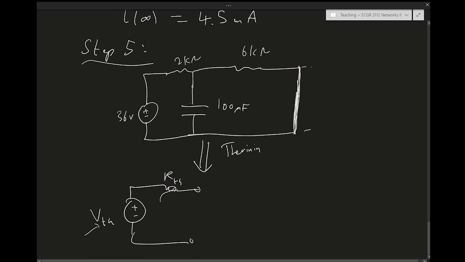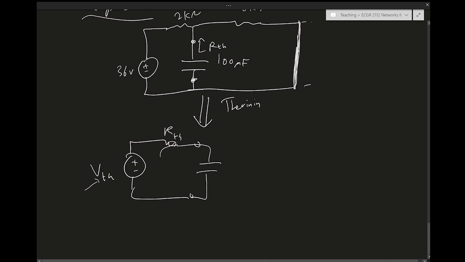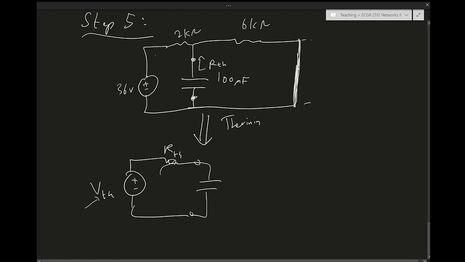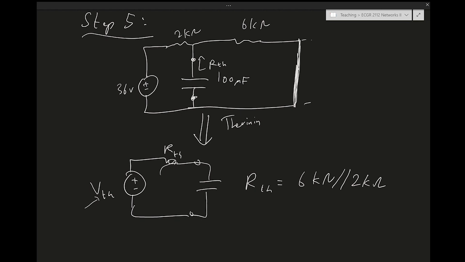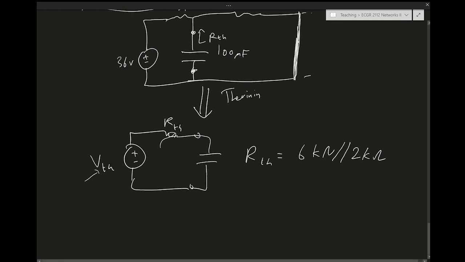I just look from those two nodes and find the equivalent resistance. The voltage source turns into a short, so I end up with just 6 in parallel with 2. So R Thevenin is 6 kilo ohms parallel with 2 kilo ohms. If you don't remember Norton's or Thevenin's theorems from Circuits 1, please review them. It's a very basic technique of circuit theory.